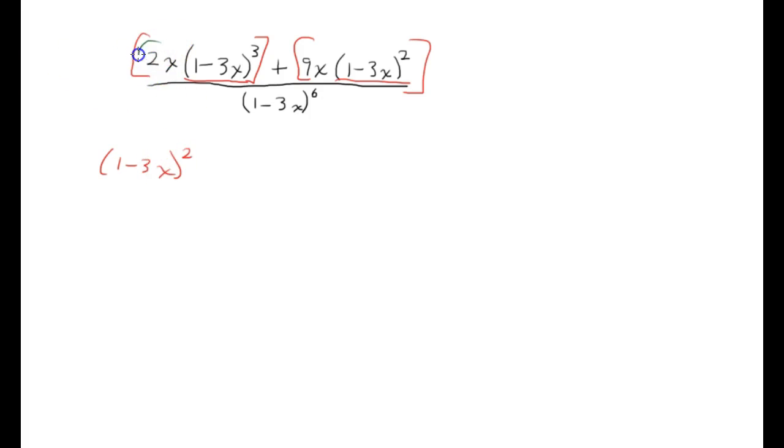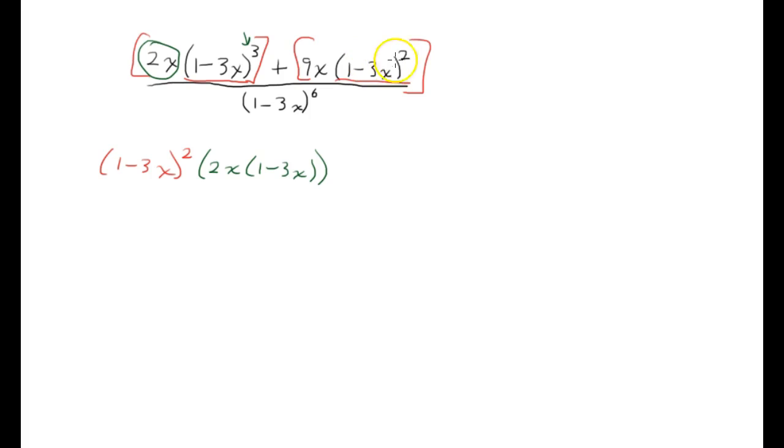Well, it's being multiplied by 2x. It's being multiplied by a 1 minus 3x to the first power, because I've taken away two of the factors, but there's still one of these factors left because there were three here. So I'm going to write 2x times 1 minus 3x.